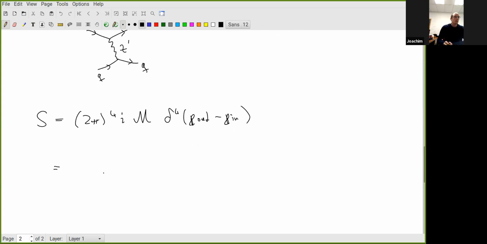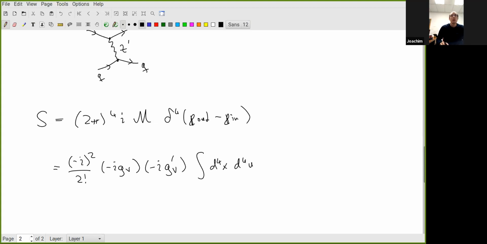Okay, and then the cross section is given by, so that's just the usual formula. I just write it down. The details are maybe not so important, but let me write everything down. There's a factor from the coupling G_V, that's the coupling of the Z prime to the dark matter, and then there's a factor of G_V prime, that's the coupling to the quarks. Then, according to the Feynman rules, we need to integrate over the space-time points where this can happen, so we need an integral over d4x, d4y.